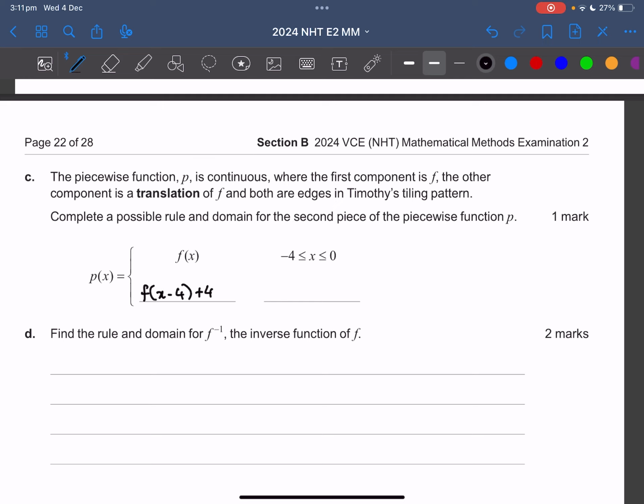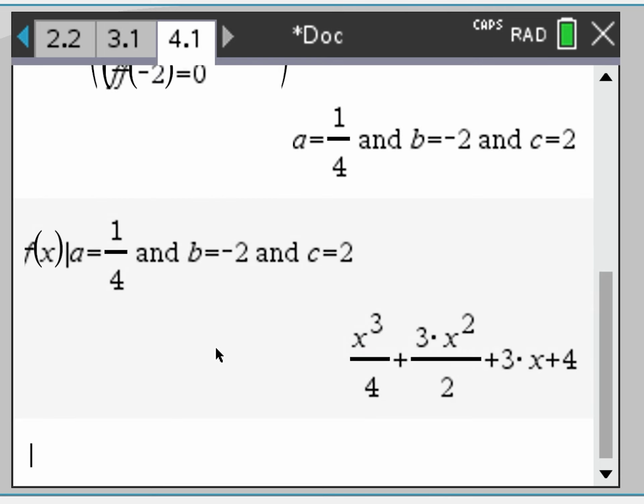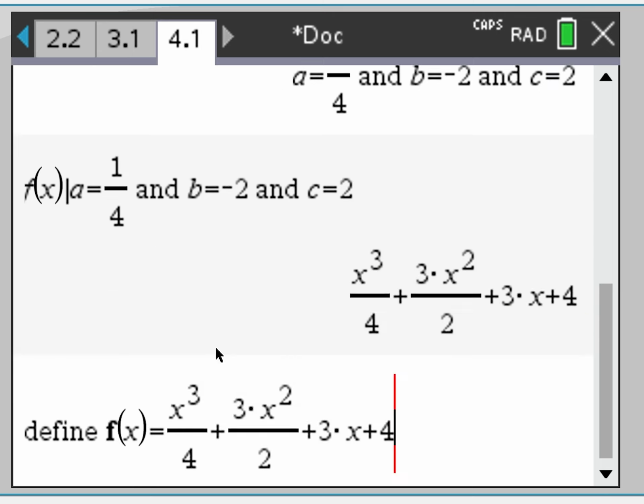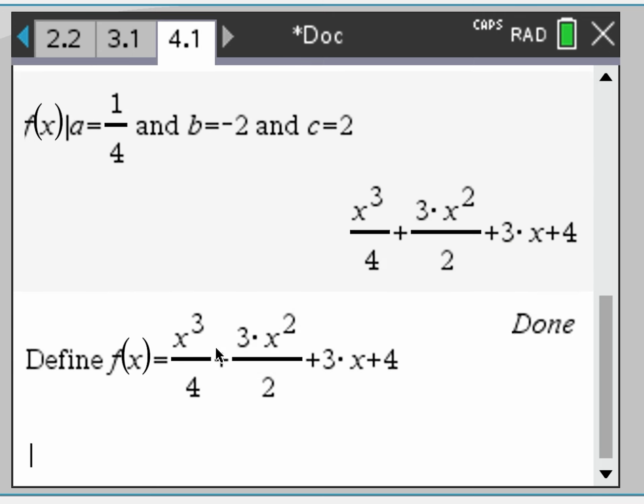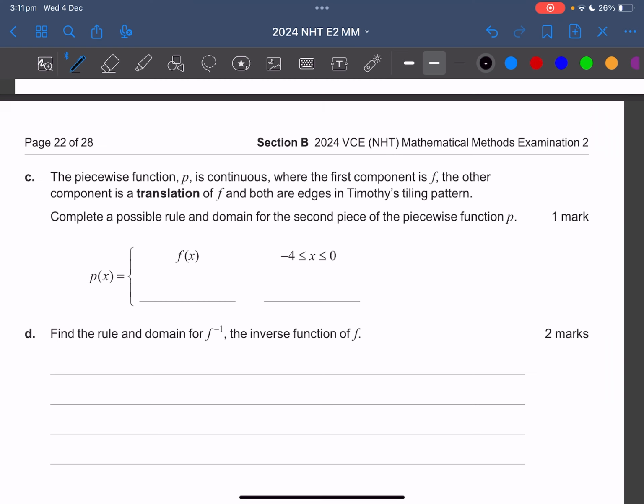So let's do this on CAS. First I have to define f of x with all of the values in place. So let's define f of x equals to that. Okay, now we apply the transformation, so f of x minus 4 plus 4. Okay, so this is the function that we have. So let us write that down: x cubed on 4 minus 3x squared on 2 plus 3x plus 4.